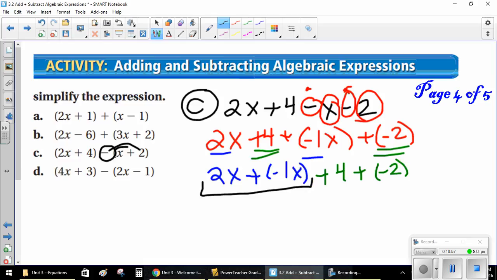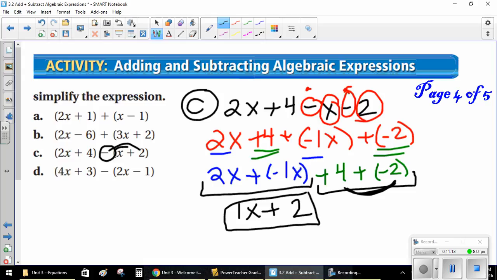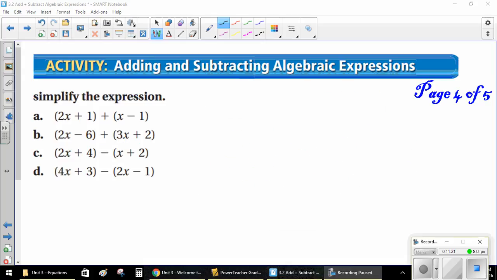So 2 plus negative 1 is 1x plus, and then here, 4 plus negative 2 is 2. So since my signs are different, I subtract. This would be the final answer. So if you have trouble with C, why don't you pause here and try D on your own? I'll be erasing the board now.